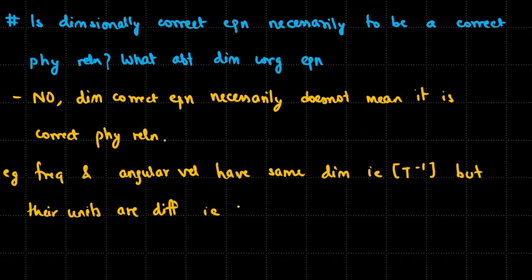The unit of frequency is hertz, which is per second, and the unit of angular velocity is radian per second. Since radian is a supplementary quantity and does not have a dimension, it looks like angular velocity and frequency have the same dimension, but they don't.